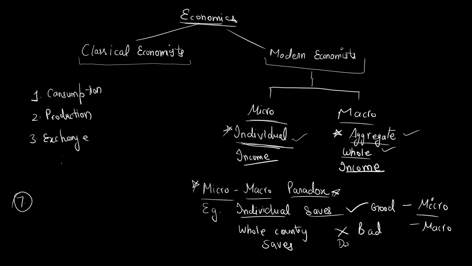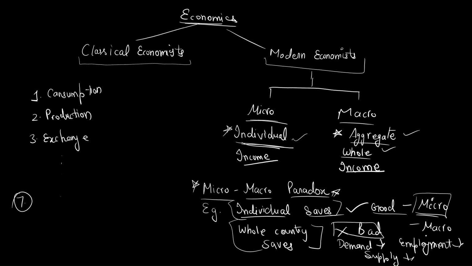Why? Because it will lead to a decrease in demand, and a decrease in employment. When demand decreases, then employment decreases, supply decreases, everything will decrease. So if an individual saves, it is good, as it's a term for microeconomics. But if the whole country saves, it's bad, as it's for macroeconomics. So we saw that something that is good for microeconomics seems to be bad for macroeconomics. This is what micro macro paradox is all about.